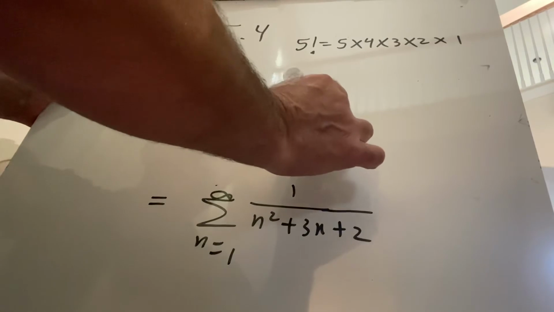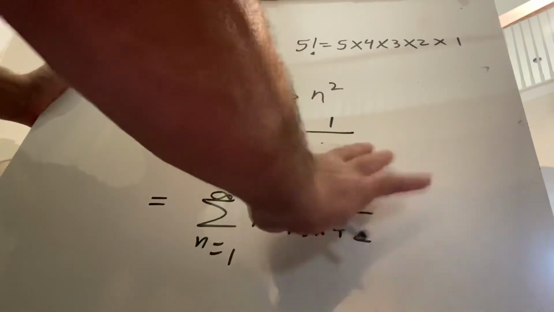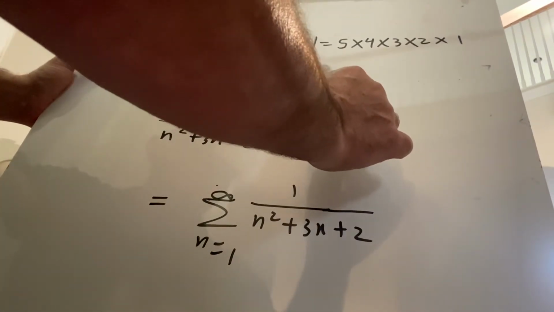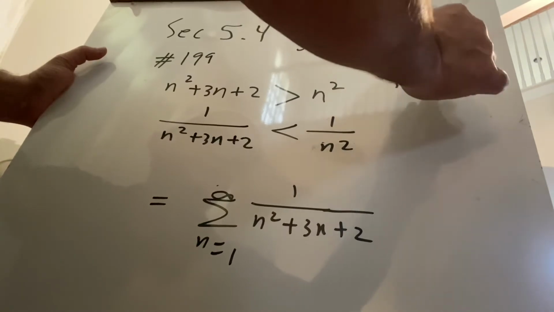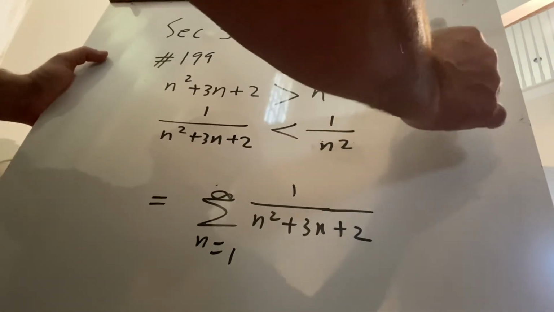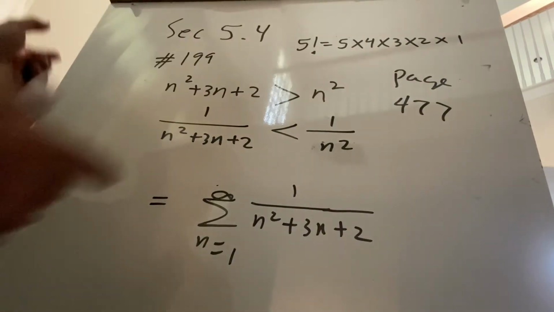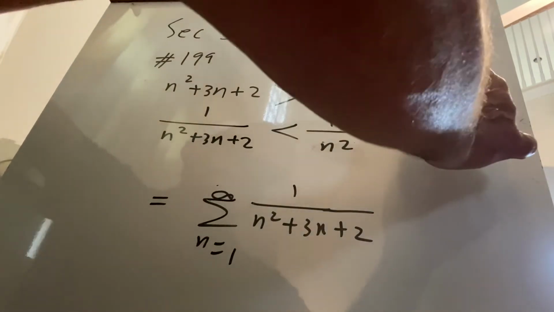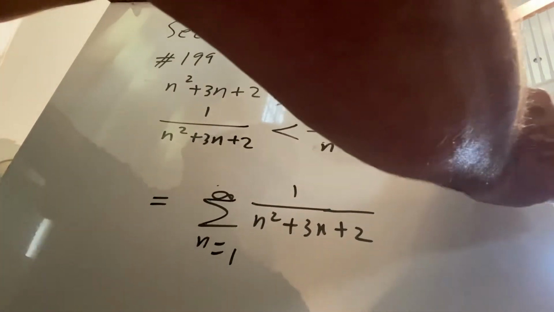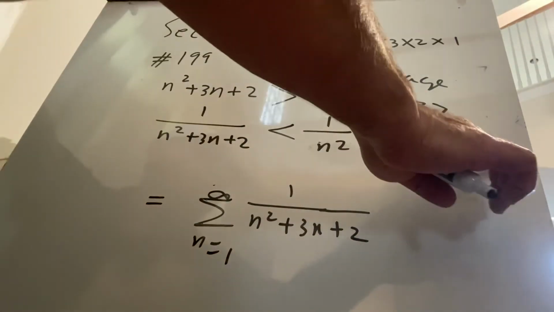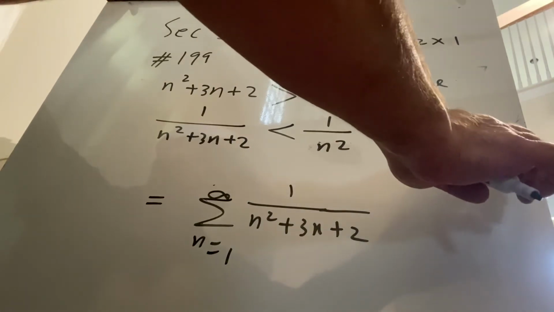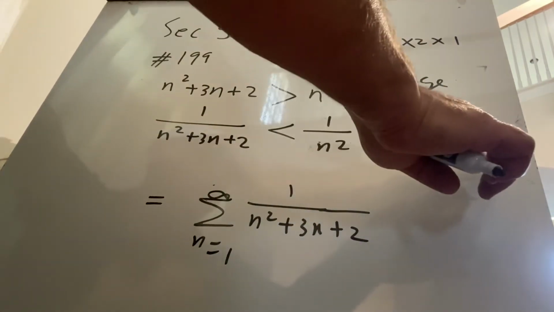Now it's pretty much over, because if you go to your textbook and look on page 477, on the very bottom of the page, it talks about the so-called p-series. If you have 1 over n to any power p, as long as p is strictly greater than 1, this series converges.